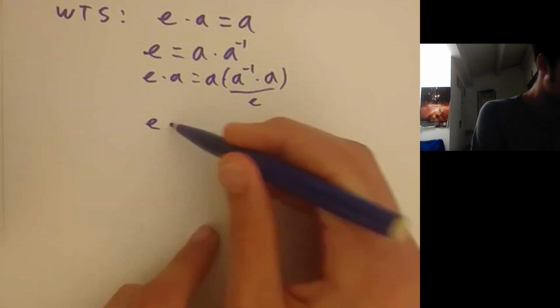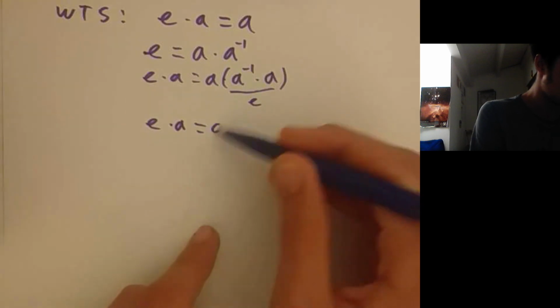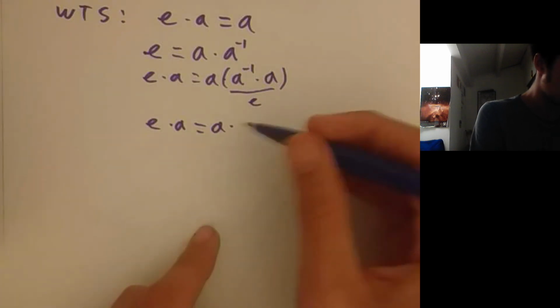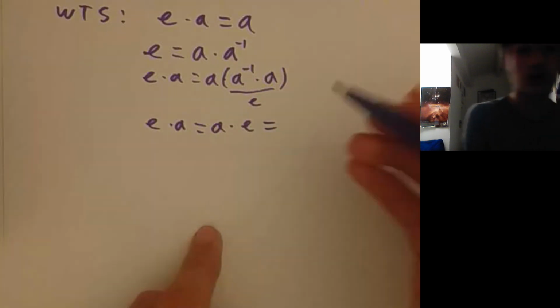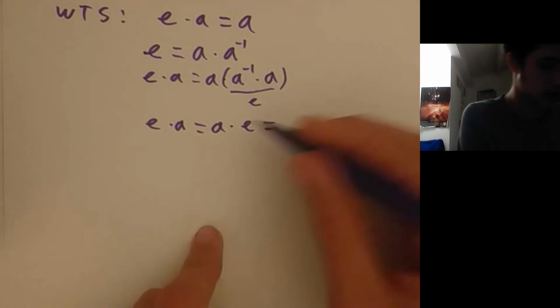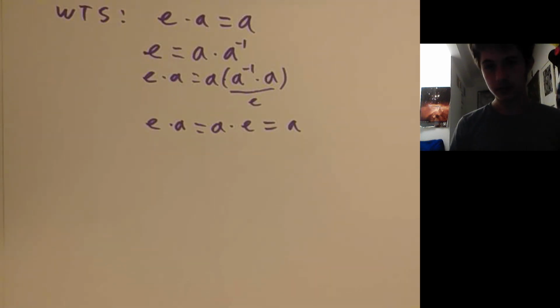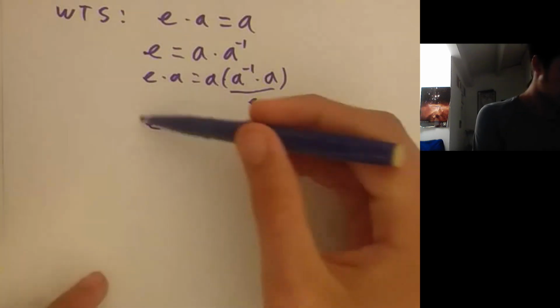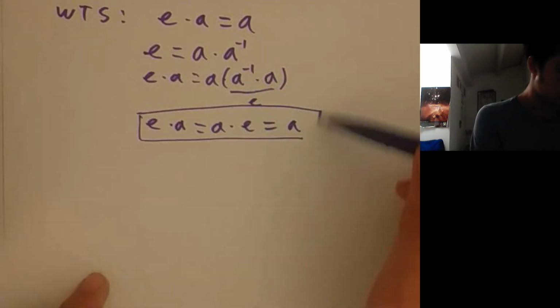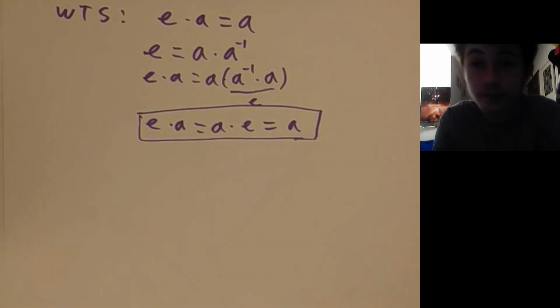So we now have E times A equals A times the identity, and of course by our first axiom we know this equals A. So this way we have both of the things we wanted to show.